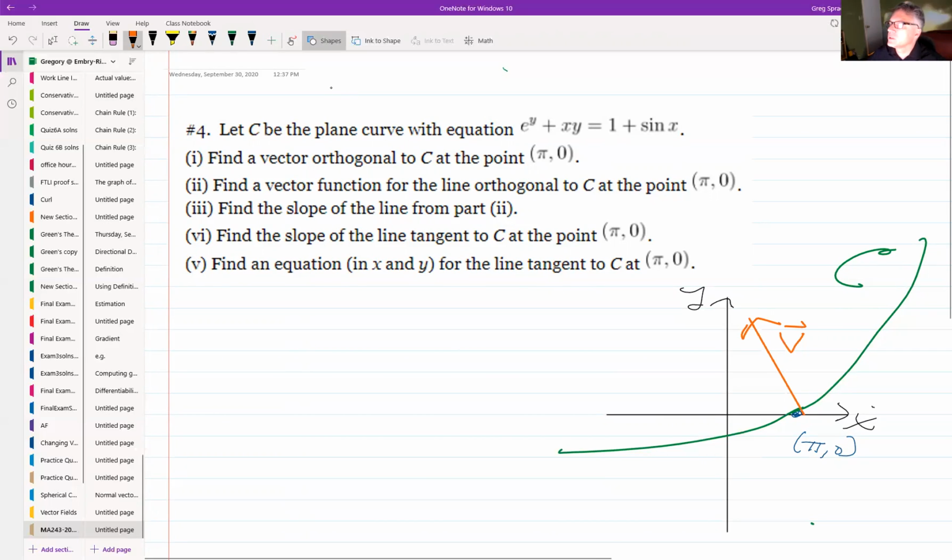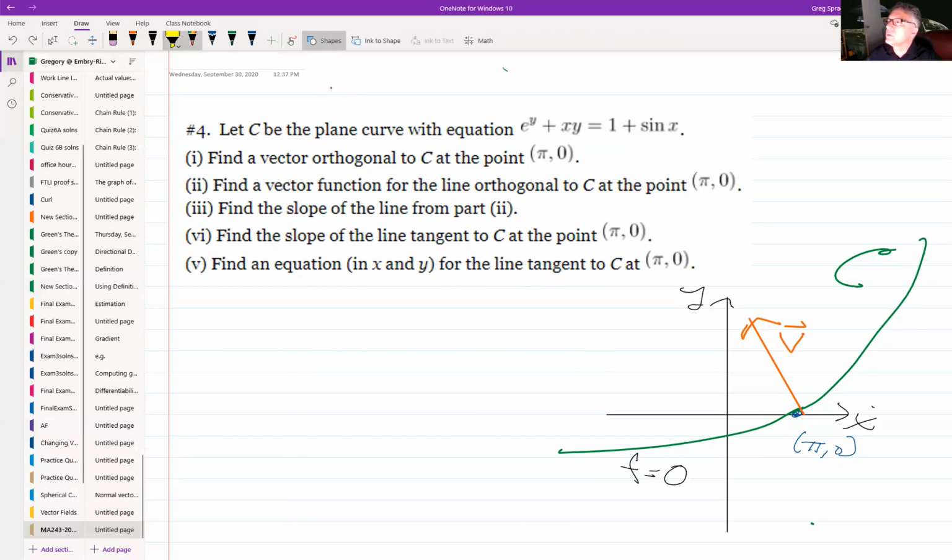So what I need to do is express C as the level surface of a function, then take the gradient of that function. In this problem, there's a complication that there wasn't before, and that is that neither side of the equation is a constant.